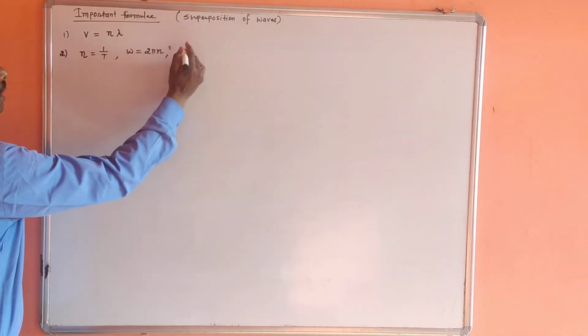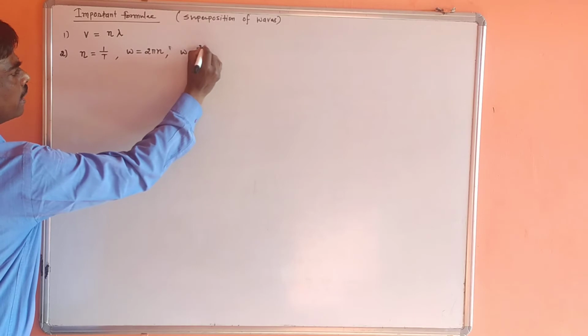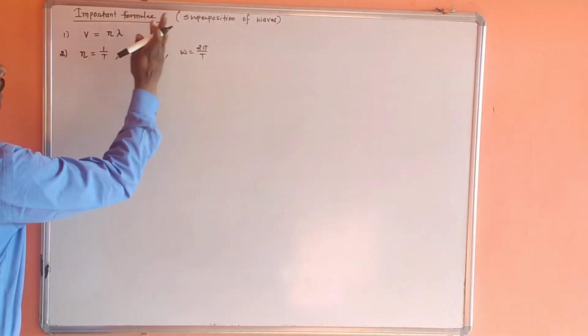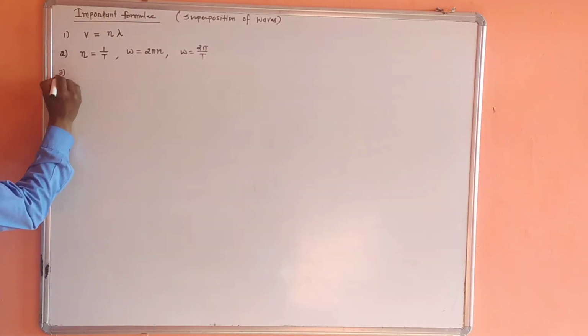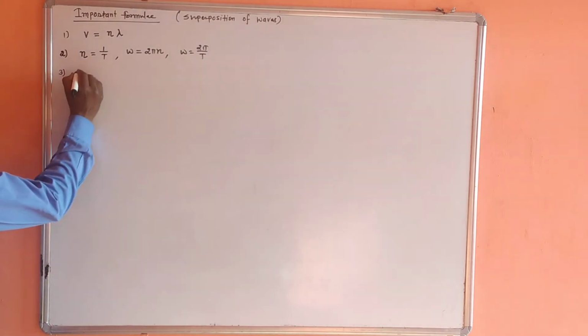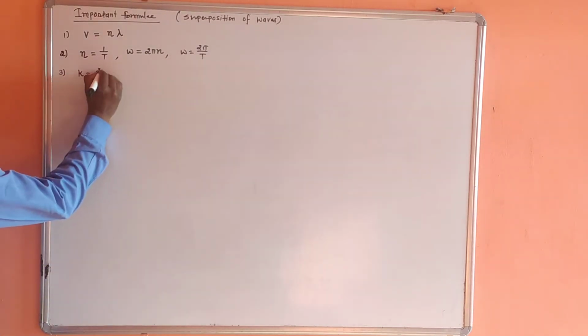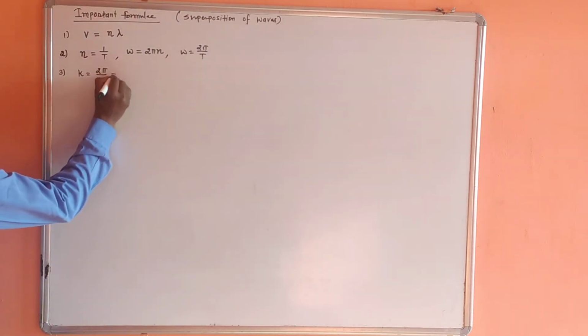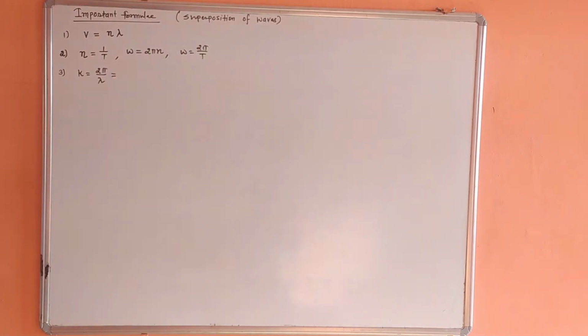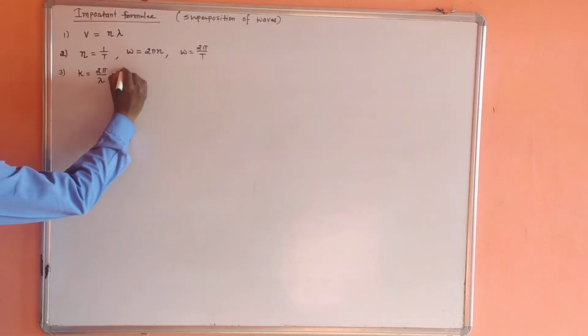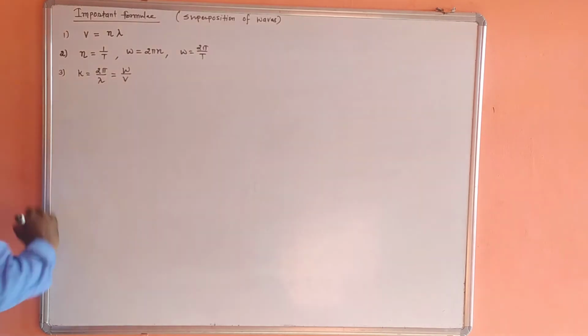We can represent omega as 2 pi by T. It is very simple. Then third, wave vector k, it is 2 pi upon lambda, which is nothing but ratio of angular velocity to linear velocity.